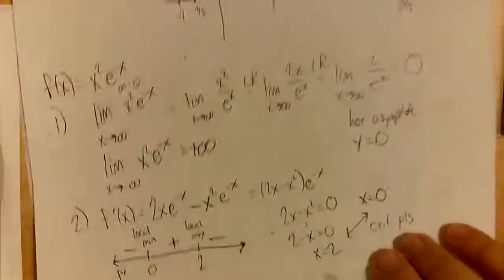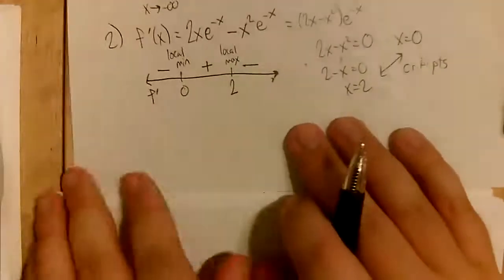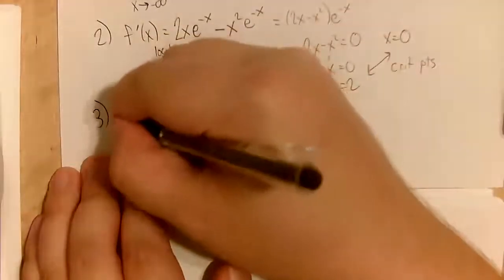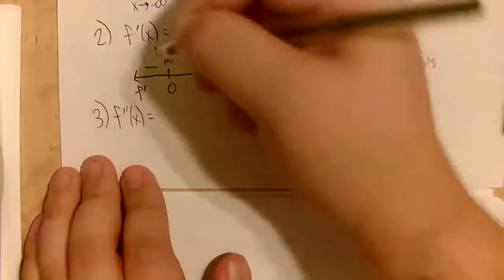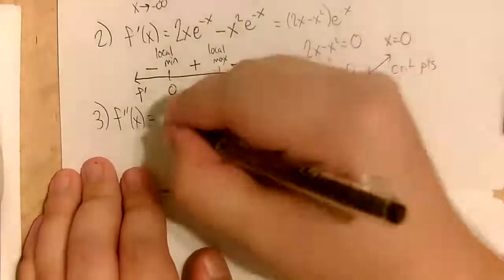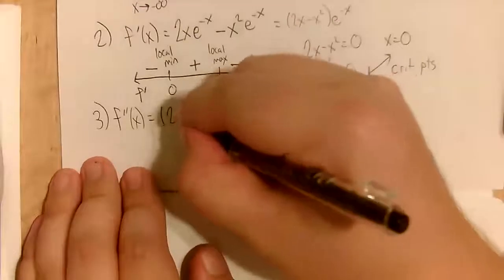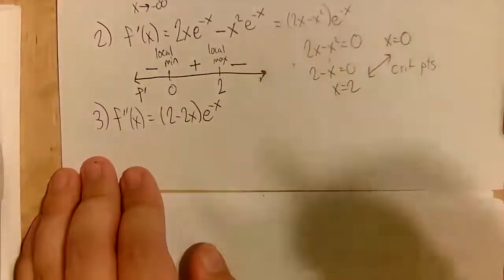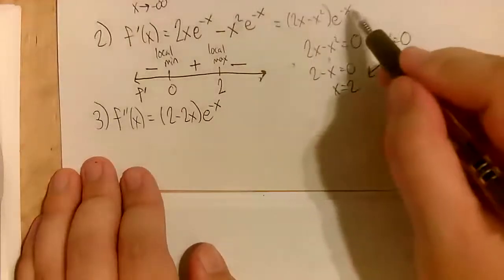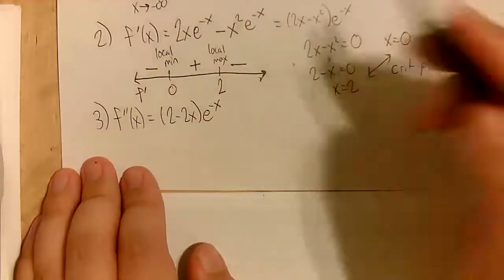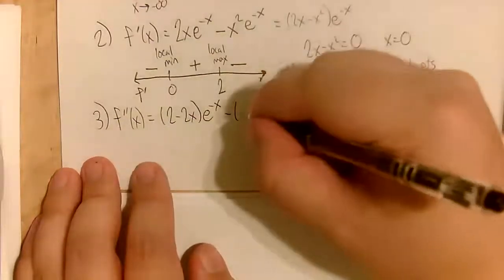All right, so we've learned about the function via f prime. Let's go ahead and find out about the function via f double prime. All right, I'm going to do the product rule on this now. So I do the derivative of the polynomial, which is 2 minus 2x, leave the exponential part alone, and then I leave the polynomial alone, do the derivative of the exponential function here, and the negative will pop out to the front.